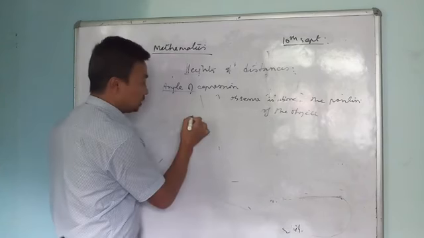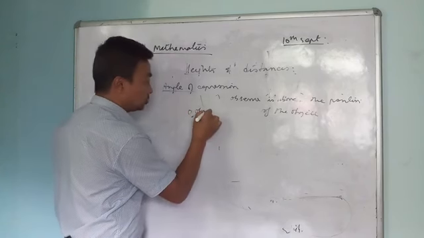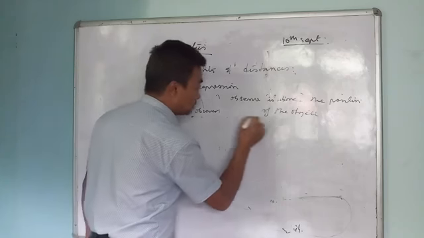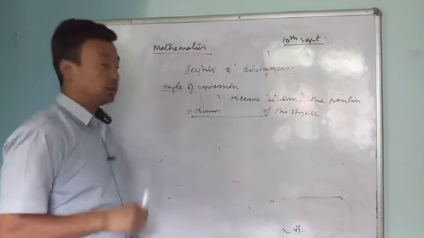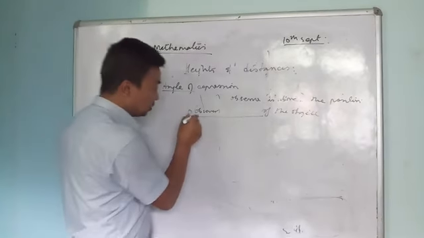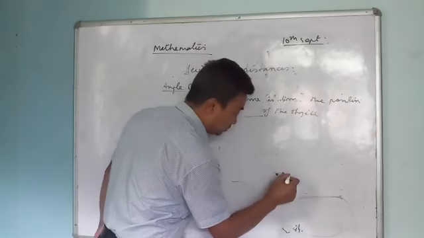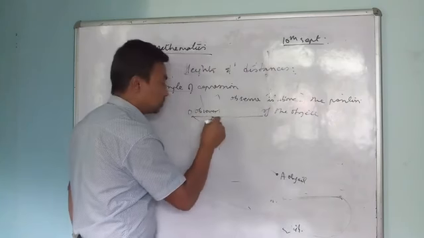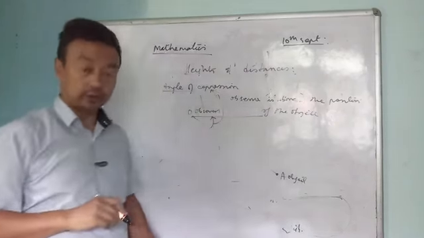Let us take O as the observer, and always draw the horizontal line. With respect to this, you are looking down, and the object is here. This angle is called the angle of depression.